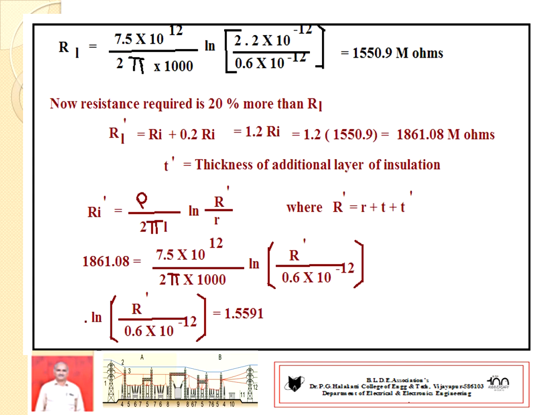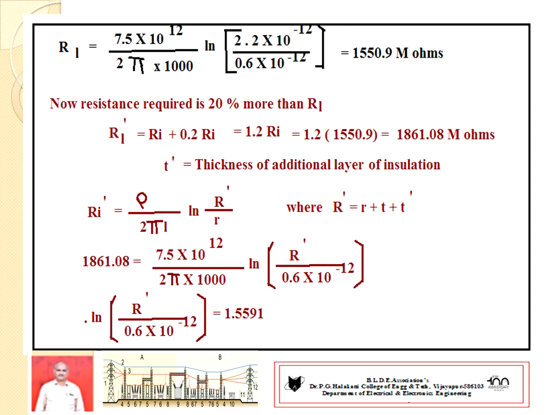Then R1 dash equal to, same formula you can use, the capital R dash should be your sheath radius. So R dash equal to R plus T dash. Small r is radius of conductor, T is thickness of insulation given, T dash is to be increased value. What is the to be increased? Thickness of insulation. Try to understand.